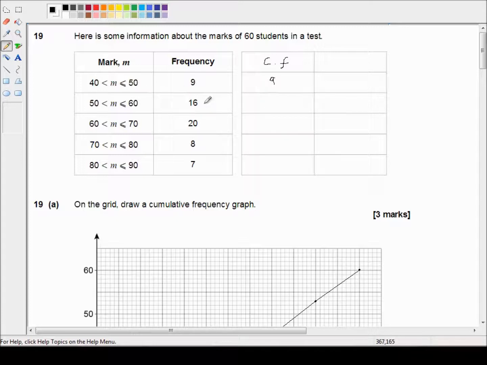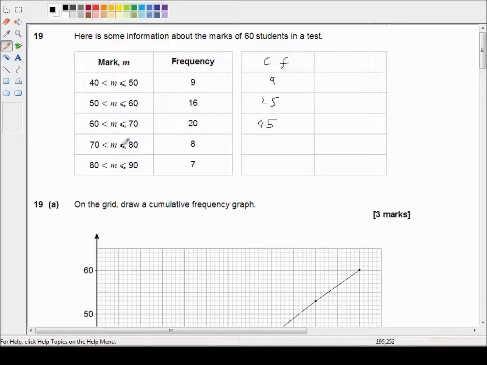So 9 plus 16, which is 25 students scored between 40 and 60. Because this is a cumulative frequency, we keep adding the new total to the new amount. So if 20 students scored between 60 and 70, then 20 plus 25 is 45 students scored below 70.